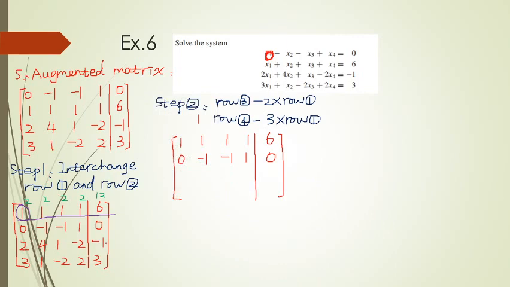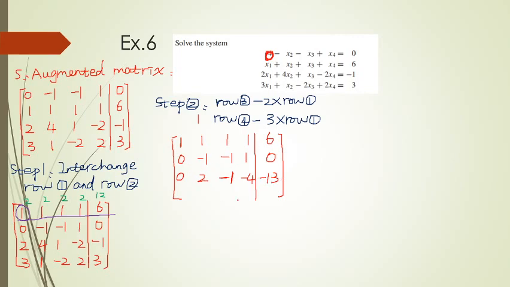The third row minus the green numbers. 2 minus 2, 0. 4 minus 2, 2. 1 minus 2, minus 1. Minus 2 minus 2, minus 4. And then minus 1 minus 12, minus 13, right?